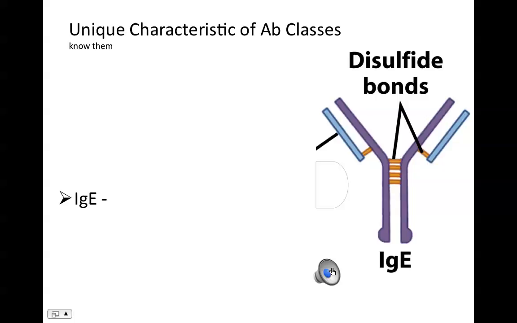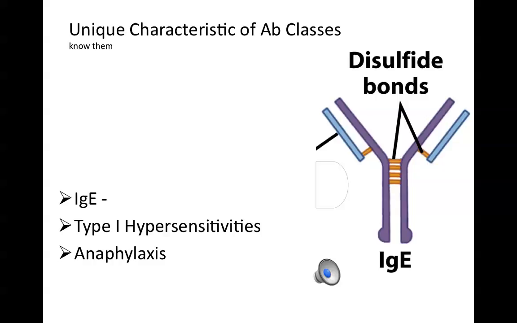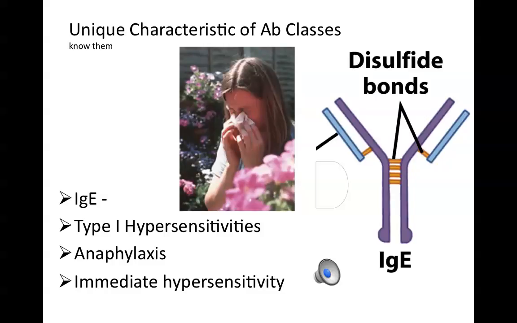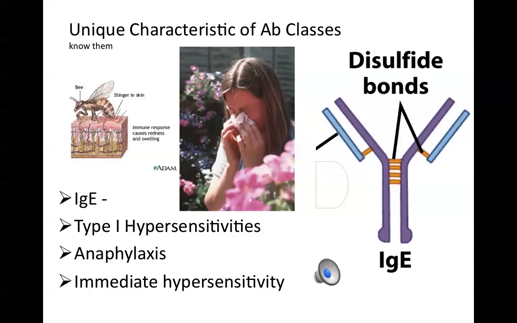IgE is the major class of antibodies that works with eosinophils and basophils for allergic reactions that we call type 1 hypersensitivities. Type 1 hypersensitivities are called immediate hypersensitivities because when you're first exposed to the bee sting, the drug, allergen, within a few minutes you start to respond.